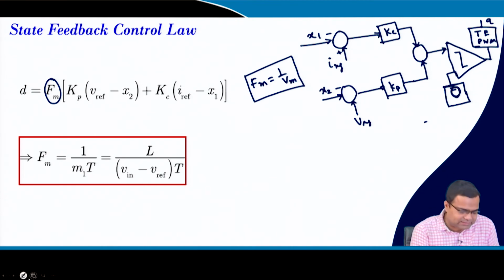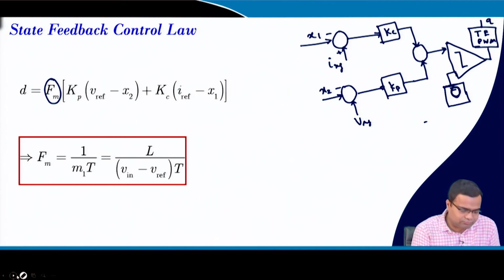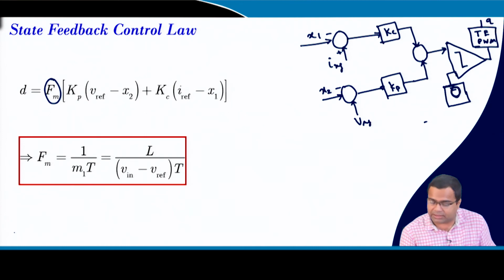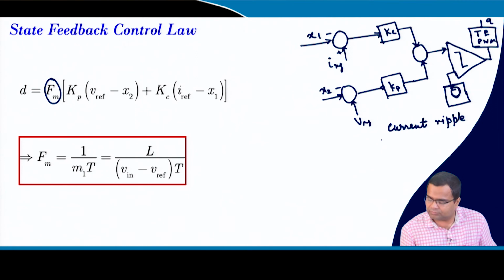In that case, the current ripple behaves as a sawtooth.